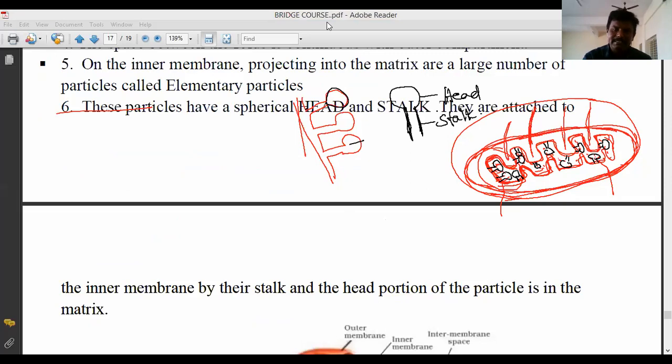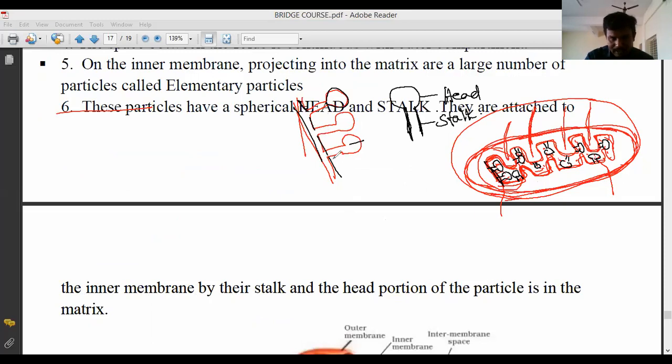Those elementary particles are attached to the inner membrane by their stalk.